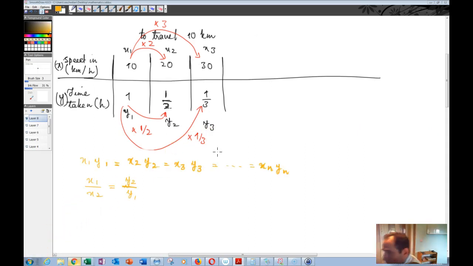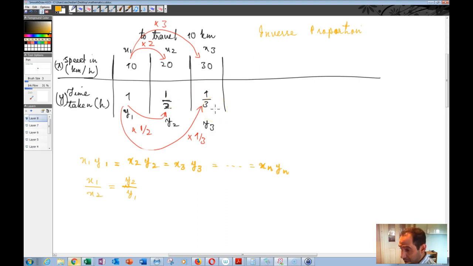Okay, so in the case of inverse proportion, what happens is that you take this number, for example 10, and multiply it by 2, but then you take this number and you have to divide it by 2, or multiply it by 1/2, to get to the next number.